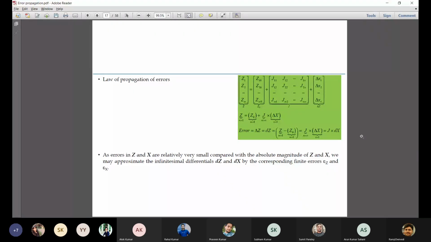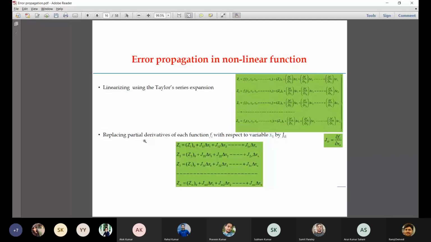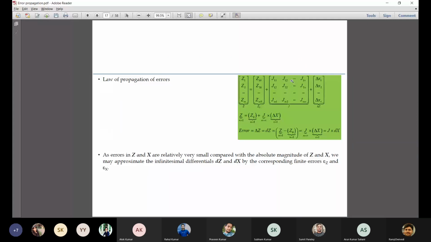So it's very simple. First, you learn how it is represented. See, the same equation is written here, but how can you convert from this kind of structure to this structure? It's very simple. You write z1, z2 up to zm is equal to z1 naught, z2 naught up to zm naught, plus the Jacobian set of matrix m cross n, multiplied by all the delta x.